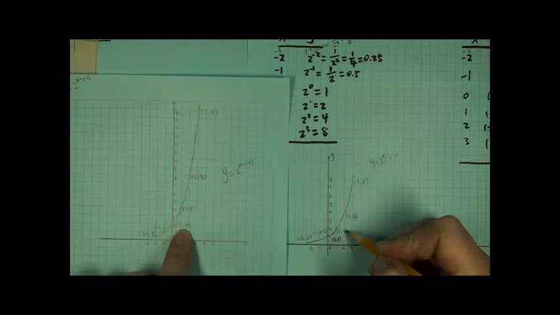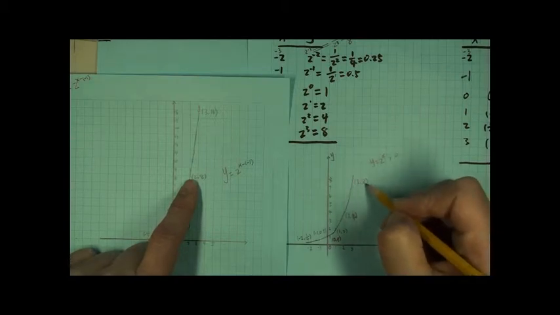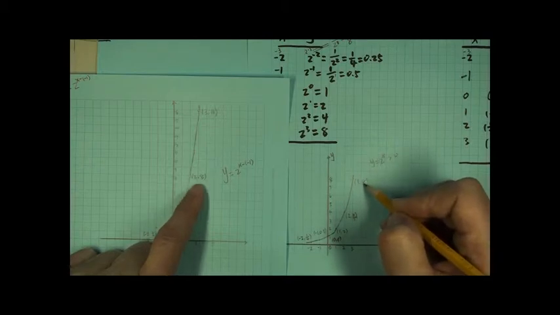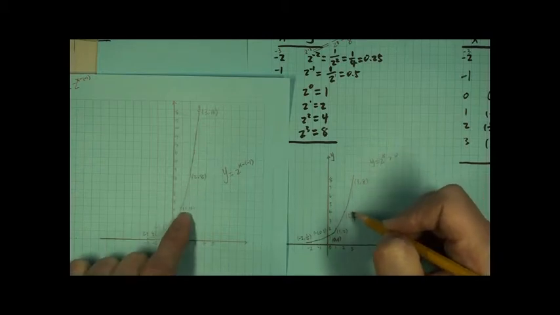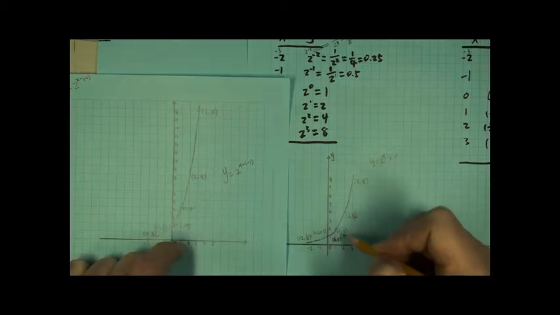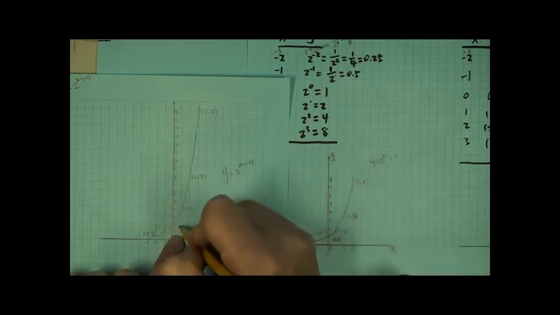Here is 2, 0. Here is 3, 8. Here is 2, 8. So 3, 8, 2, 8, 2, 4, 1, 4, 1, 2, and then I should write 0, 2 here. 0, 2.